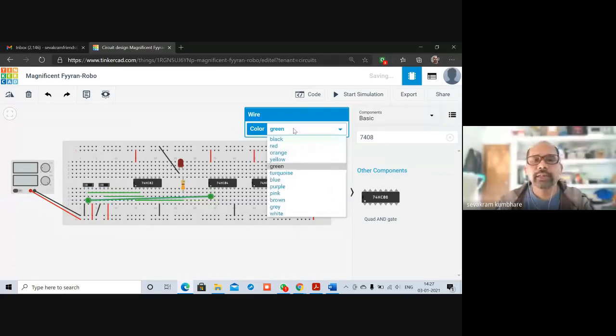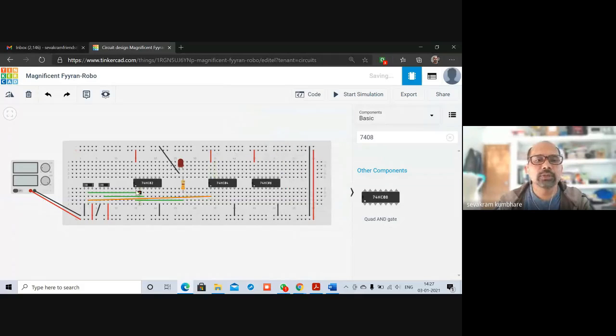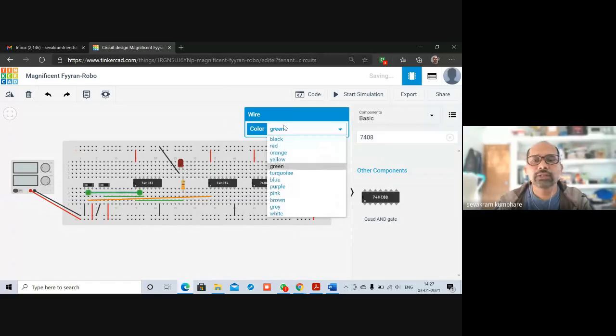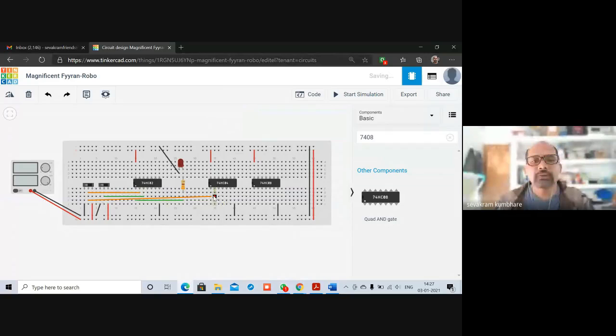I'll make it another color, let us say orange. So this is input A. This also I'll make orange, so that we will know that this is input A and this is also input A. We have connected it to pin number 1.